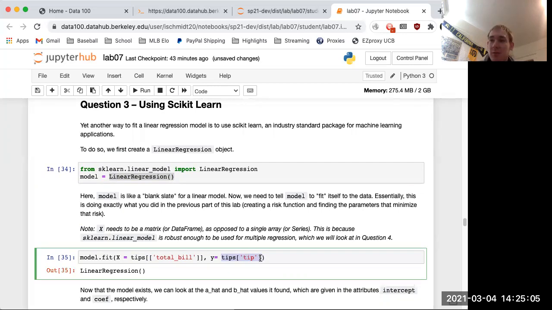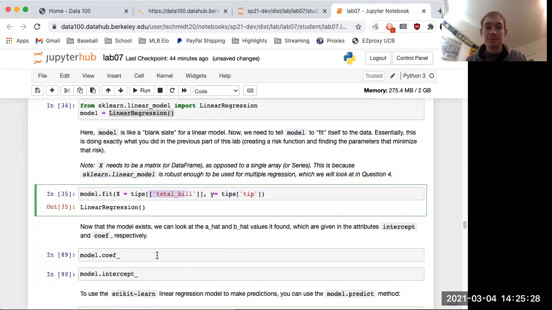So it doesn't want to pigeonhole you into only doing simple linear regression or multiple linear regression. It just says, hey, give me a data frame. I don't care if that data frame only has one column. If it only has one column, that's fine. But just give me a data frame as opposed to a single series. So that's why we use the double brackets here as opposed to single brackets.